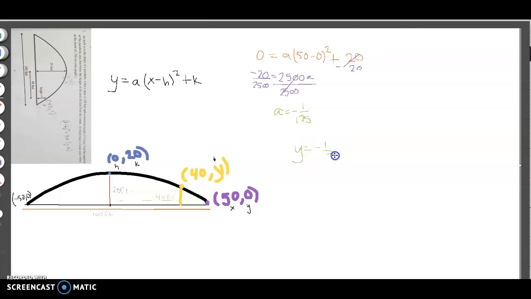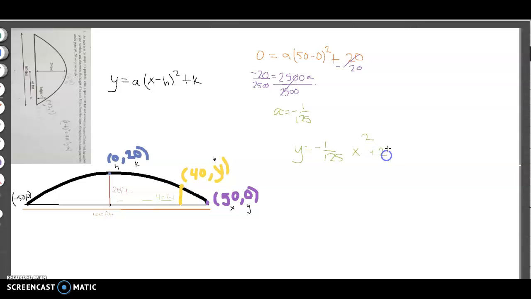But this is going to be negative 1 over 125 times x squared, because minus h, but h was 0. I guess we don't need those parentheses either. So y equals negative 1 over 125x squared plus 20, which it looks like you had was k, so plus 20.